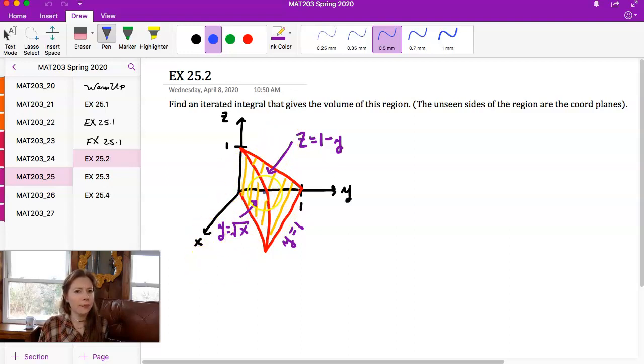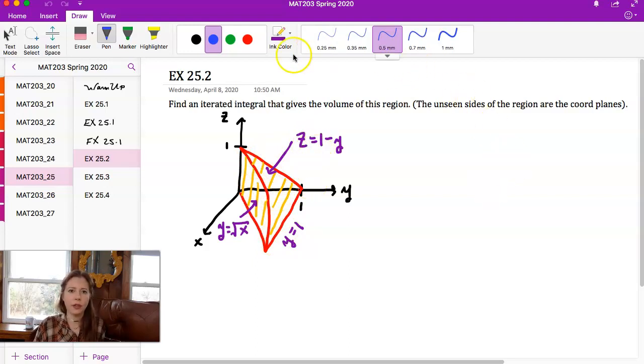And the bottom is the XY plane. So let's start by looking at some cross sections. And so we're seeing that one of the bounds of the solid is y equals 1 right here. And this face right here is y is equal to the square root of x. And then this upper piece is z is equal to 1 minus y.